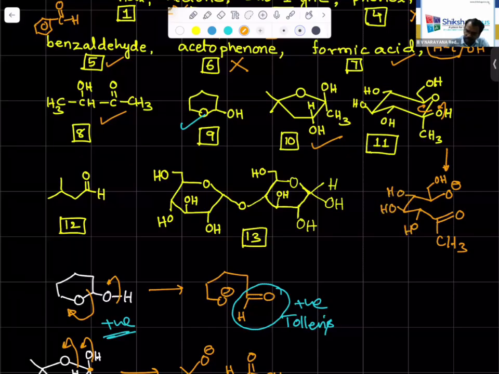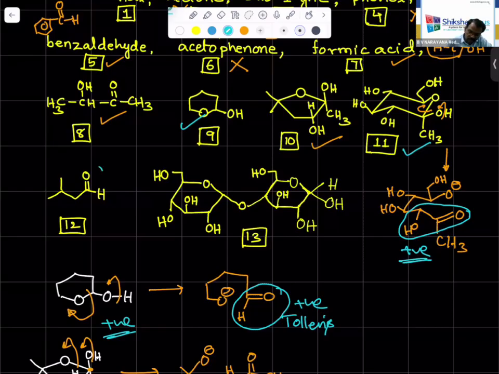Now observe this very carefully. Here it is a keto group, adjacent is the alpha carbon, an OH group is there, and a hydrogen is also present because of this group. Therefore, it is also positive toward this test. Because of this alpha hydroxy ketone, the alpha carbon has hydrogen also, therefore it is positive towards Tollens reagent.